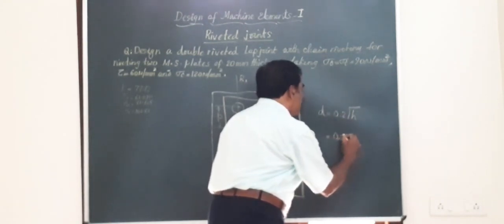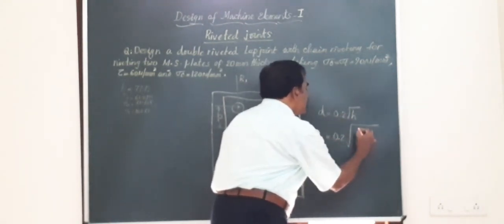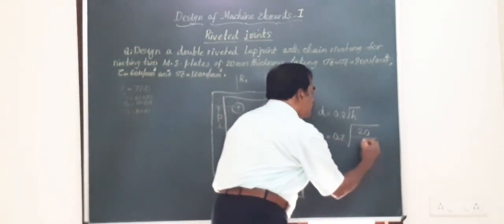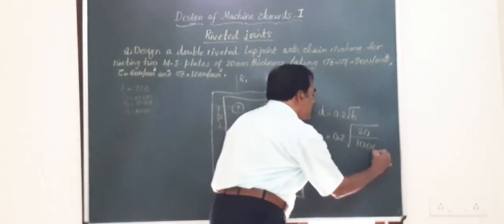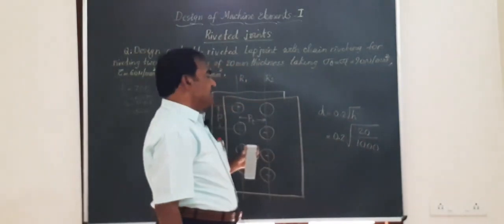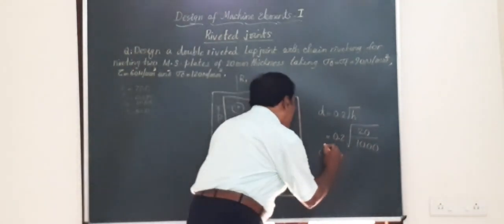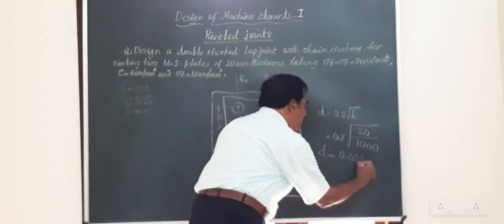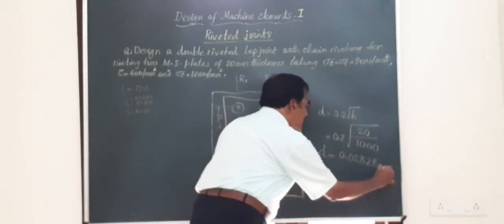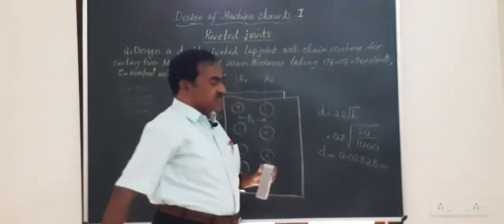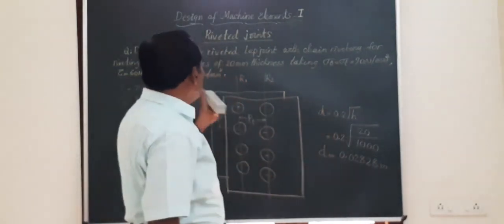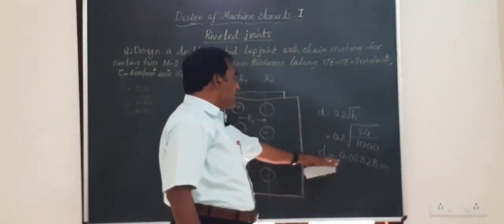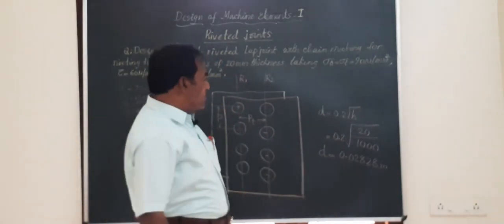So 0.2 times root h, where h is the thickness given to be 20 mm, that has to be converted to meter by dividing by 1000. So you are getting this value of D equal to 0.2828 meter.